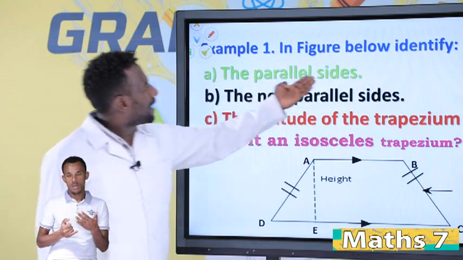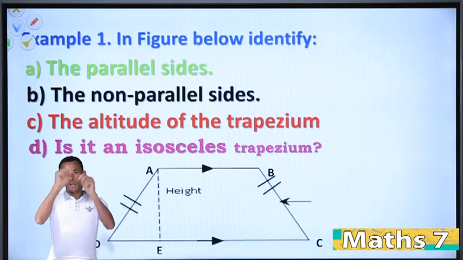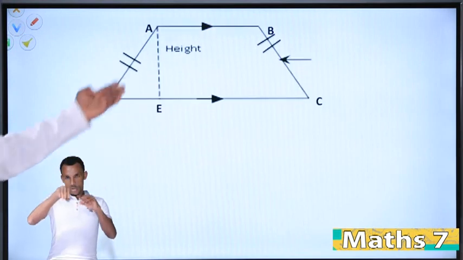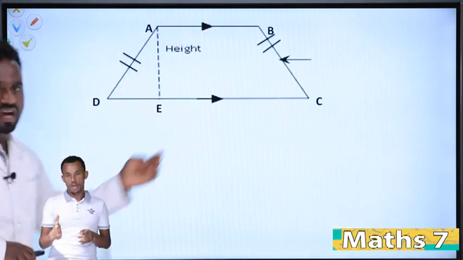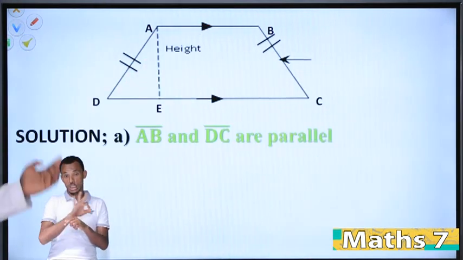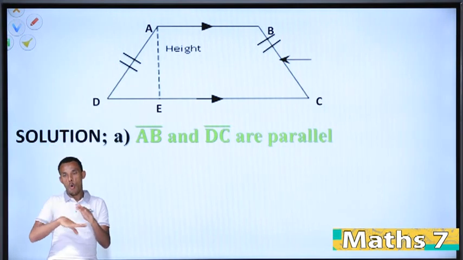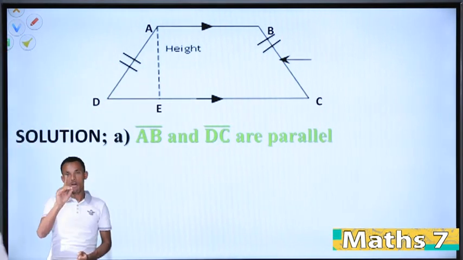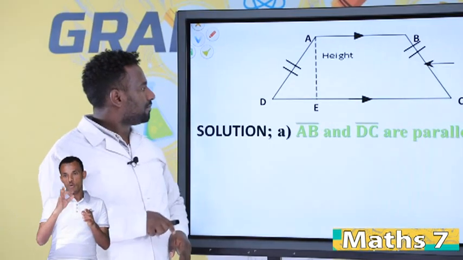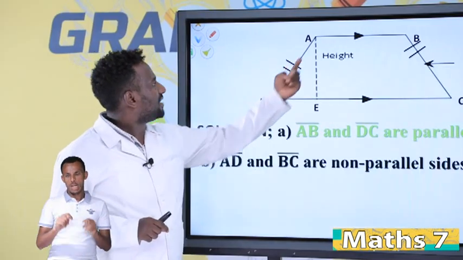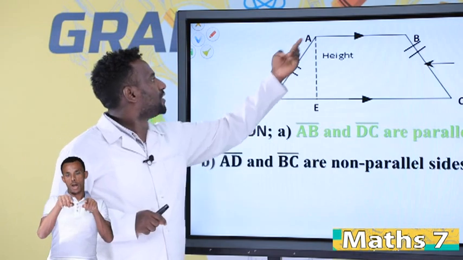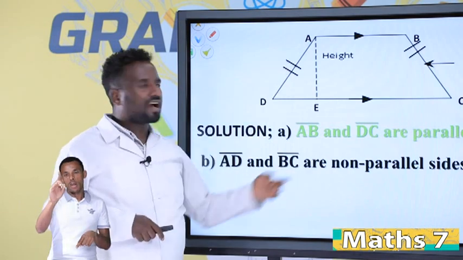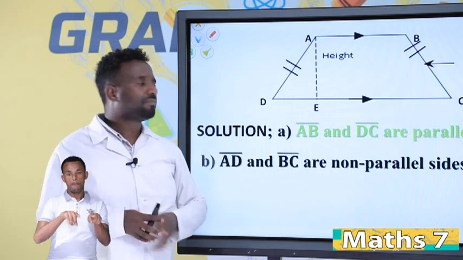The parallel sides are the bases, the upper and the lower base. AB and DC are the parallel sides of the trapezium. Non-parallel sides are the legs of the trapezium. AD and BC are the non-parallel sides of the trapezium.